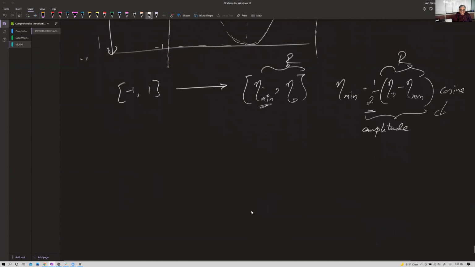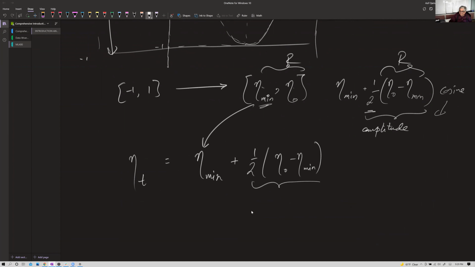Eta T is equal to eta min plus, because this is the minimum you want to start, half the amplitude times the cosine. So 1 plus cosine.